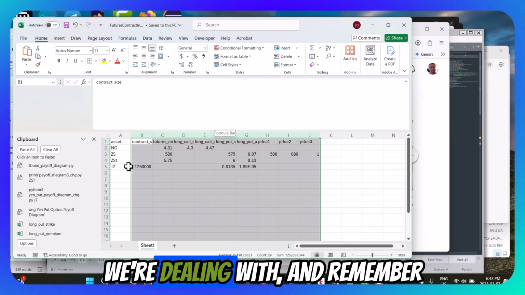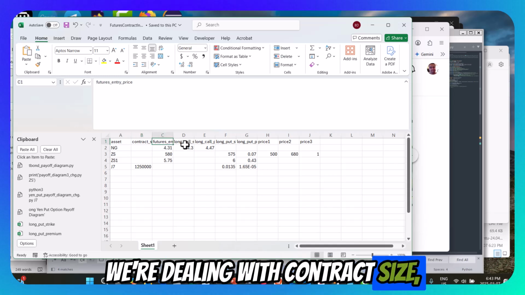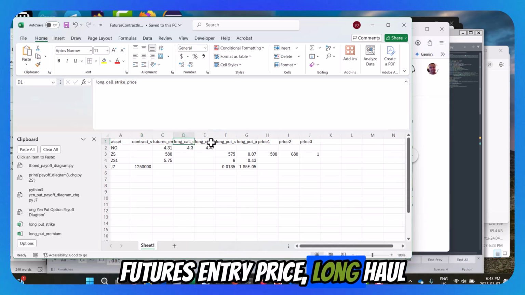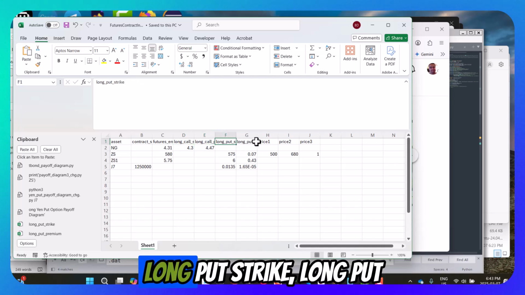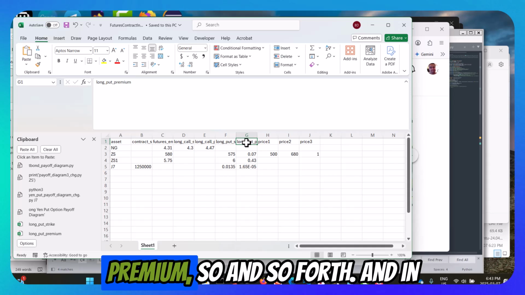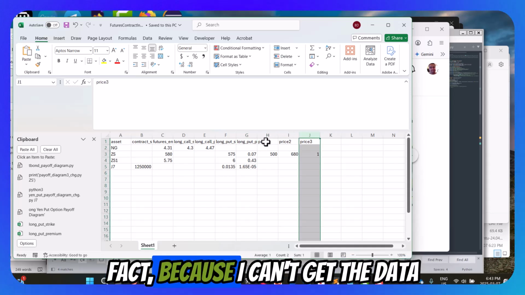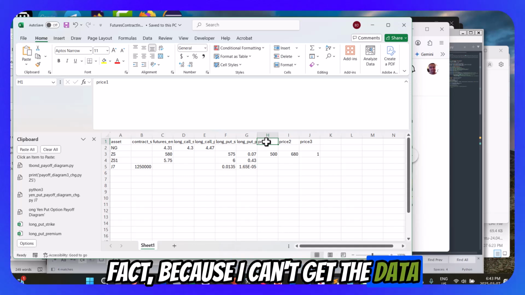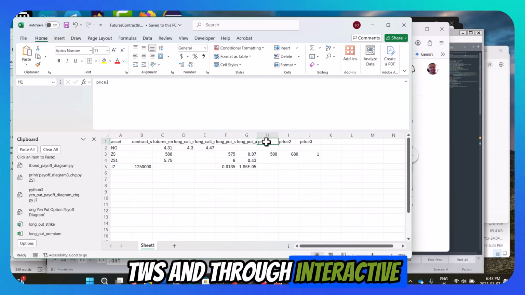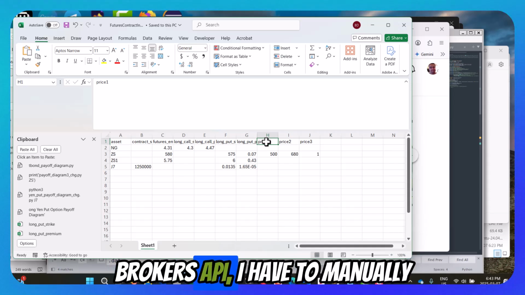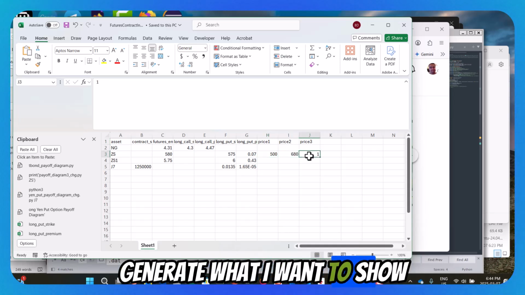So here we're dealing with, and remember, I'm just starting out here, contract size, futures entry price, long call strike price, long call premium, long put strike, long put premium, and so on and so forth. In fact, because I can't get the data out of the option chain through TWS and the Interactive Brokers API, I have to manually put some pricing in here to generate what I want to show.